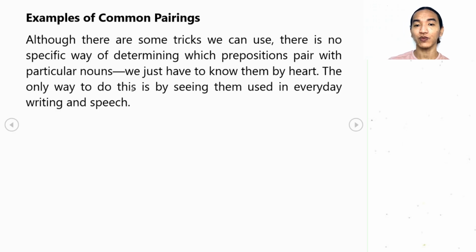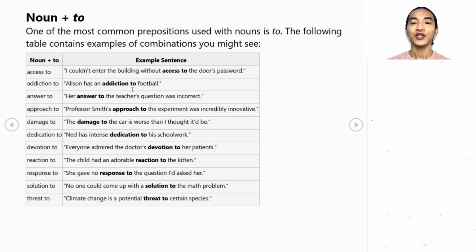So let's see what we have here. For the first one, we have some examples of noun plus to, okay? One of the most common prepositions used with nouns is to. The following contains examples of combinations you might see or might use. Example, access to. I couldn't enter the building without access to the door's password.